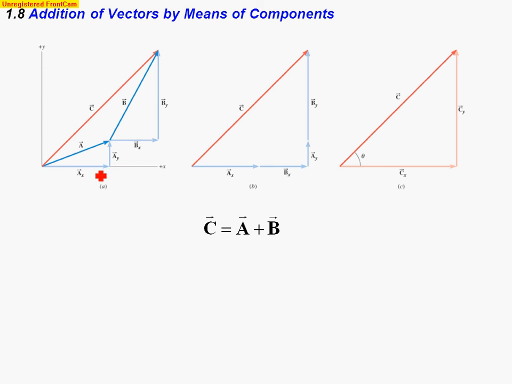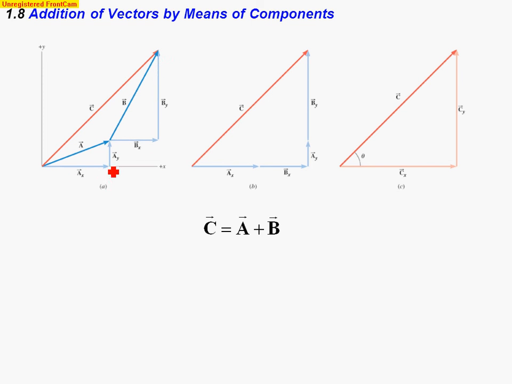So if we take a, we can represent it with its components, ax and ay. Those are just the projections along the x-axis and the y-axis. Same with b. b is made up of bx and by.